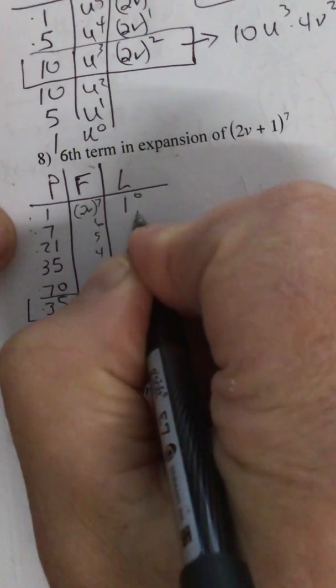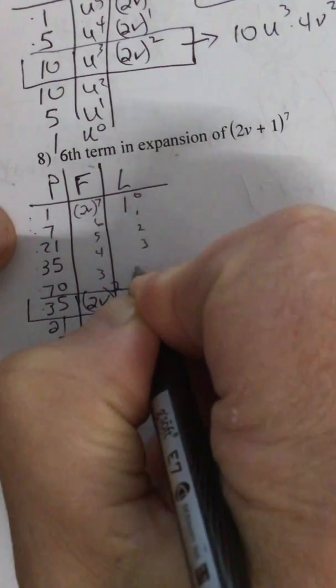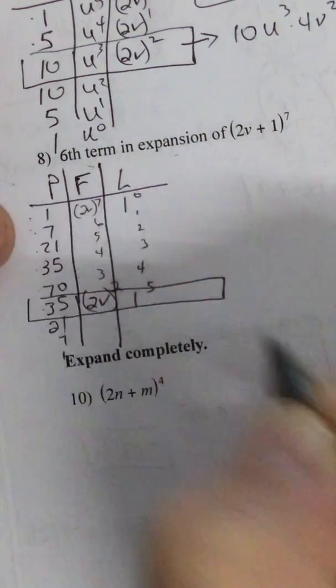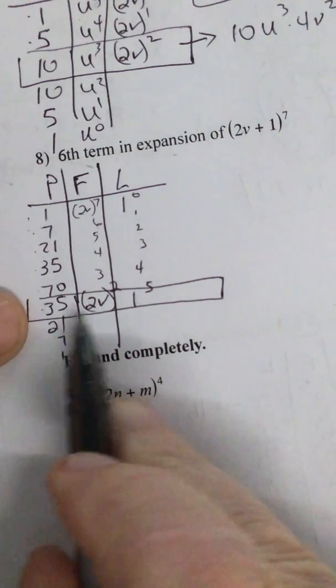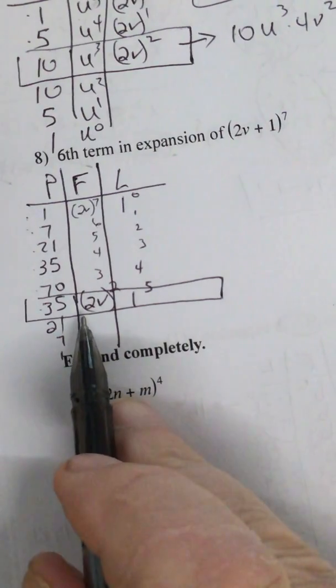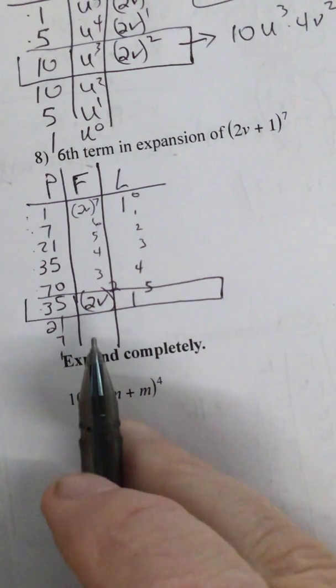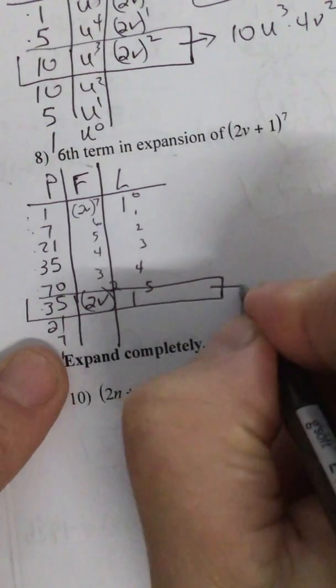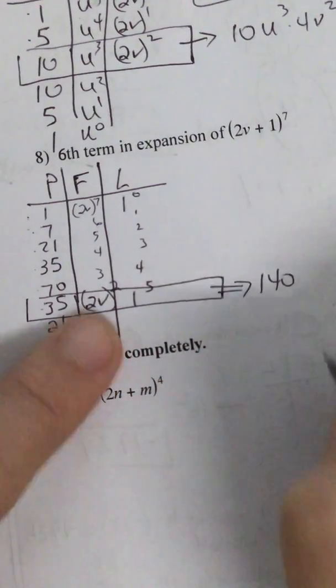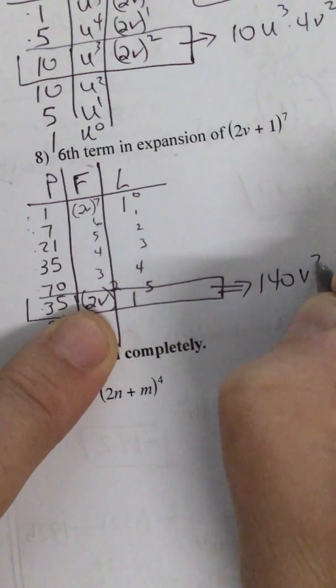And then that 1 would have been to the 0th, 1st, 2nd, 3rd, 4th, 5th. Okay, so we have 35 times 4. So let's see, 35 times 2 would be 70 times 2, so it's 140. And then there's a v squared times 1.